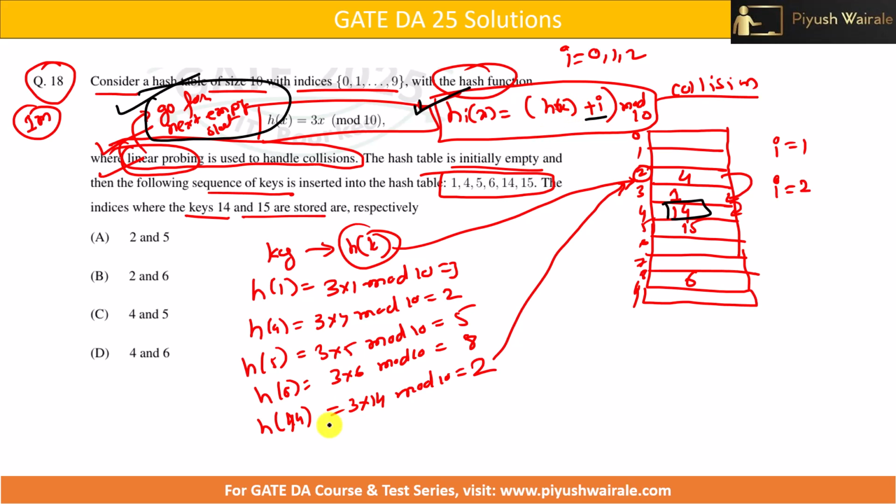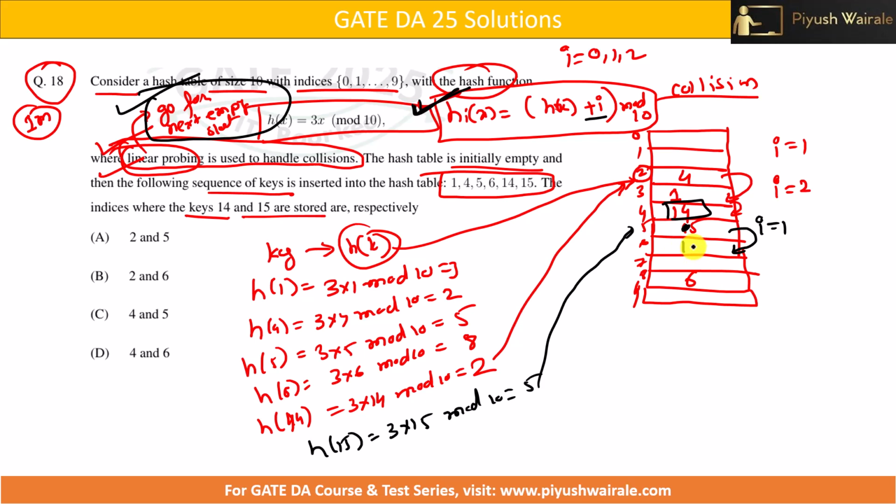Then we have the next element, 15. h of 15 is 3 into 15, which is 45. 45 mod 10 is 5. So if I go to index position 5, again we have a collision, because 5 is already present in this slot. Then when i equals 1, using the formula, I go to the next slot, which is 6, and that is empty.